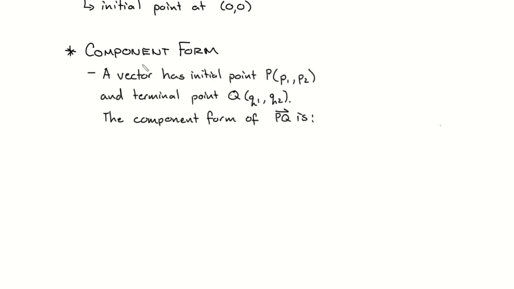So you do not need to sketch this. You can if you want, but we're going to be able to make sense of this. Let's say that I'm in quadrant 1, and here's point P, P1, P2, and we run all the way over here to point Q, which is at Q1 and Q2.